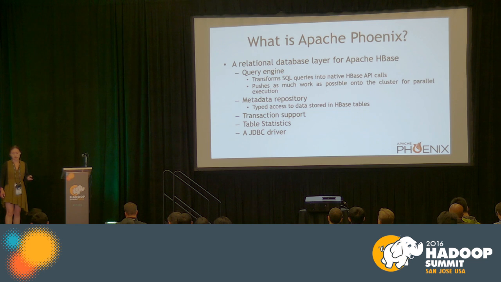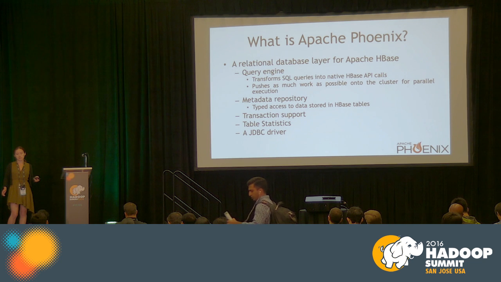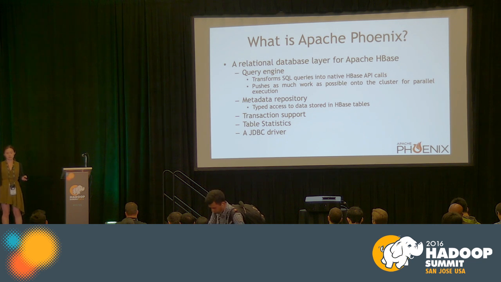And we also have table statistics, which are right now basically what we call guideposts. These guideposts are collected in the background during HBase compaction, and are then used by the client to drive an efficient parallel execution on the server.